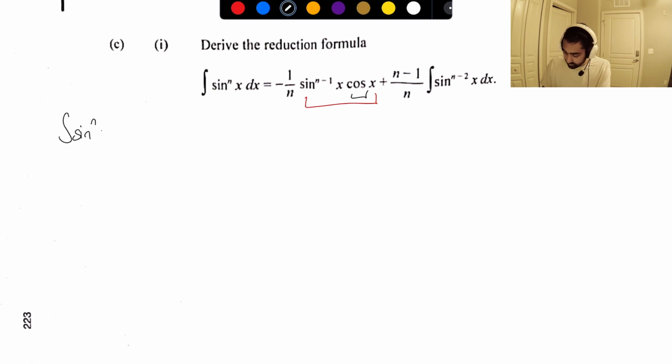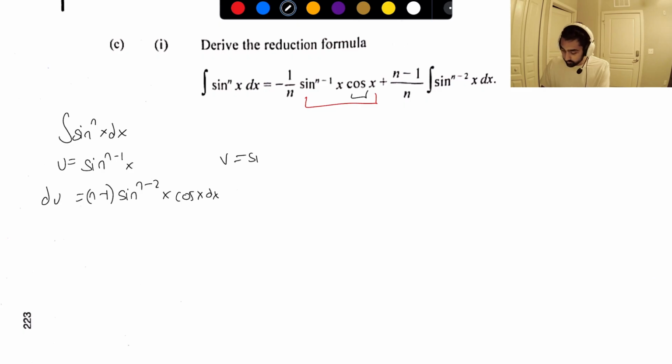Okay, so let's begin. Integral sine to the n x dx. I'm going to choose u equals sine to the n minus 1 x. So then du is equal to n minus 1 sine to the n minus 2 x times cosine x dx. And then dv, sorry, will have to be sine x dx. So that means if I just integrate, v is equal to minus cosine x.